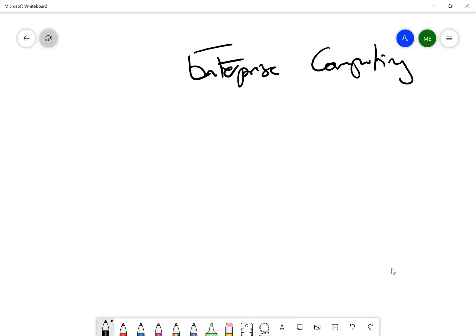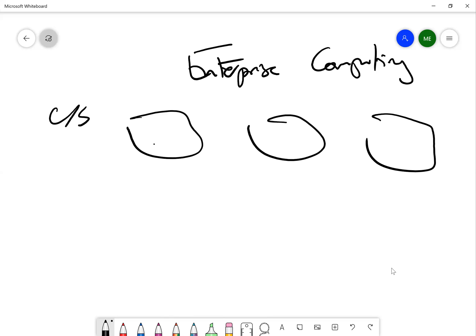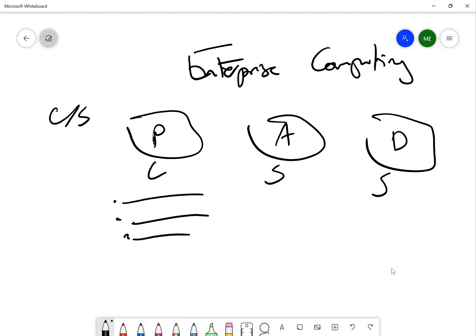So what I want you to say is something like, we're going to be using the client server architecture. We're going to use a 3-tier, and this is why. Here we're going to put the presentation at the client. We're going to put the application logic at a server and the data at another server. And this is the reason why we're using it. Maybe a couple of lines saying why you're using the client server architecture.